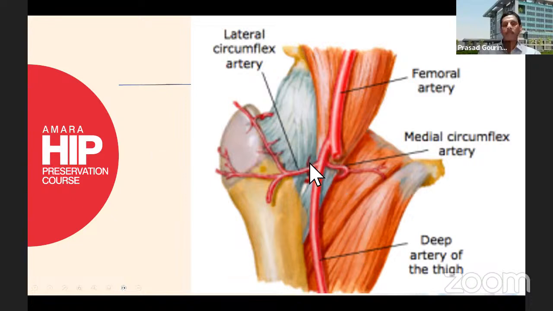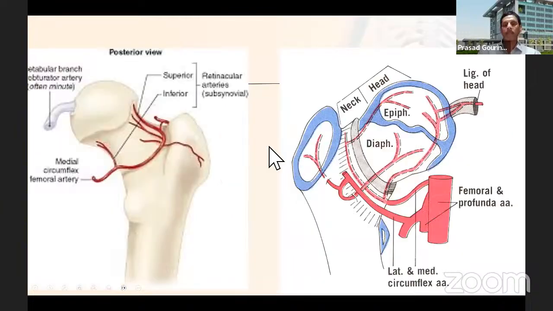Again, this vessel, the ascending branch, comes along the obturator externus muscle, goes over it, and dips under the gemellus inferior, and then goes into the capsule. So this is the vessel you want to protect anytime you do a posterior approach. If you're doing any trauma, any other procedure in the back, you want to preserve this vessel.